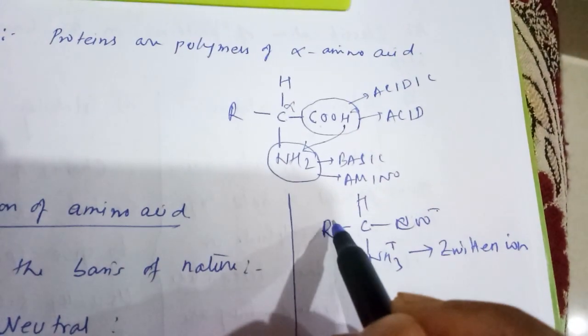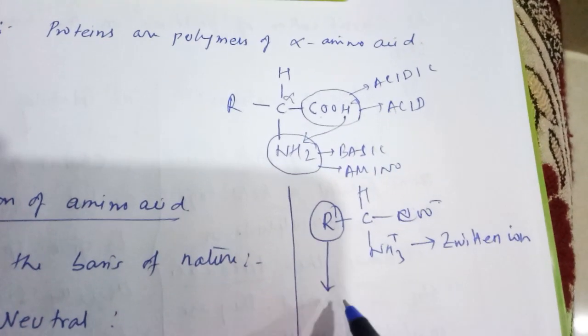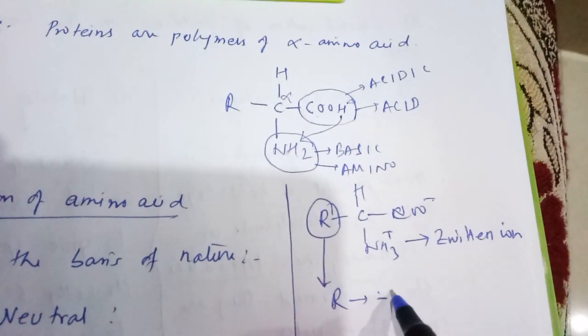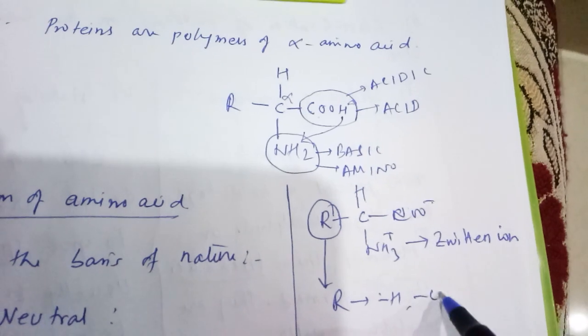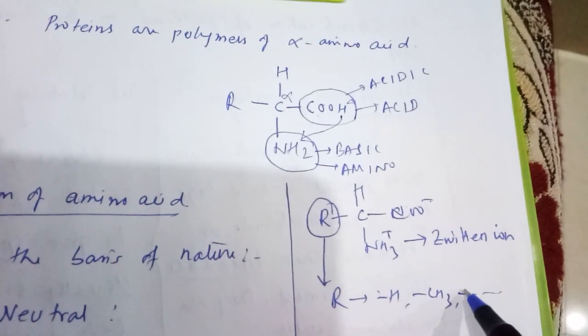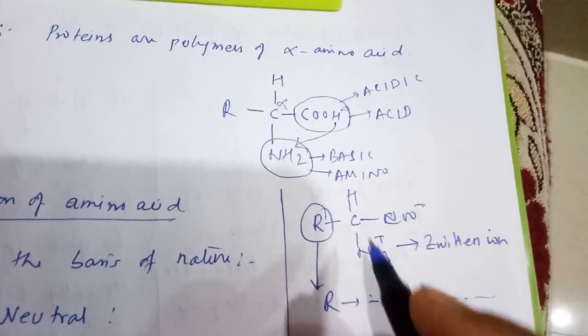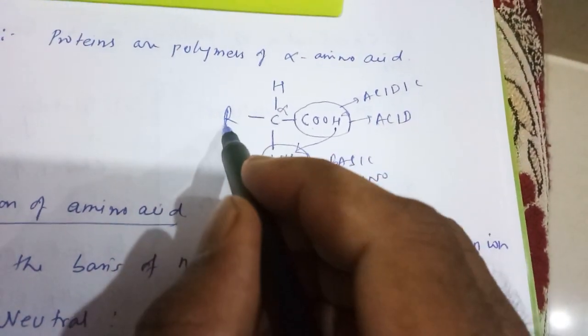Now this R group may be hydrogen, maybe CH3, maybe another group, maybe a carbon-containing group with another acid part also. So this R group is in the main formula.